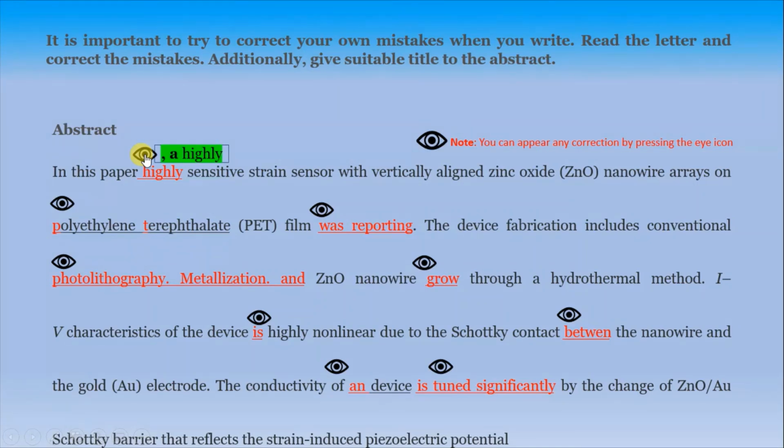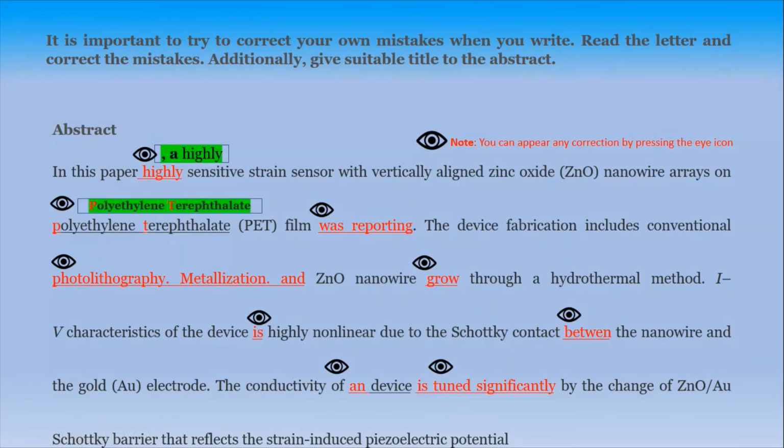Polyethylene terephthalate is a chemical compound, so you have to write it in capital letters and put an abbreviation of the letters between brackets. So you see here, if you want to know the correct answer, you can make any correction appear by pressing the eye icon.